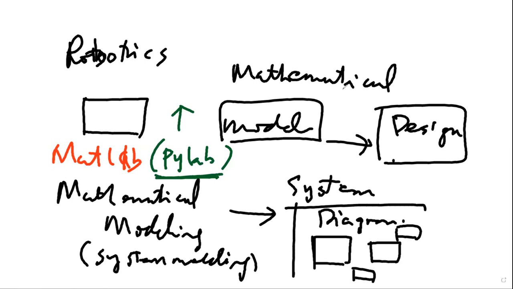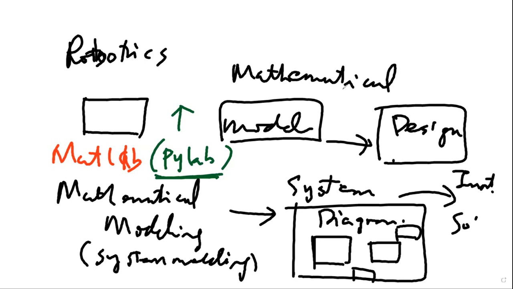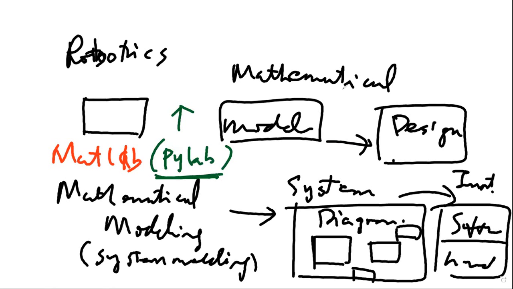You draw down a system diagram. Then from the system diagram, you go into the implementation. You break it down into software design and hardware design, and we call it hardware-software co-design. You design both, and at the end you integrate them back.